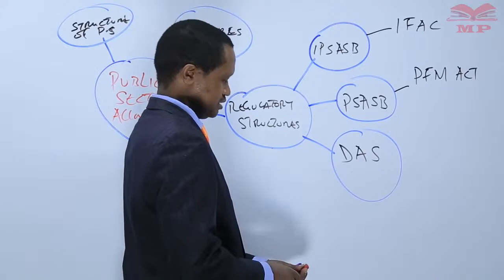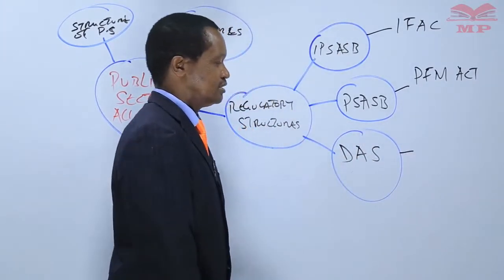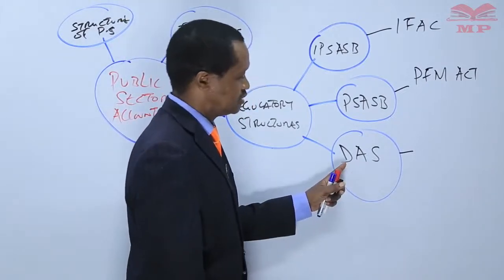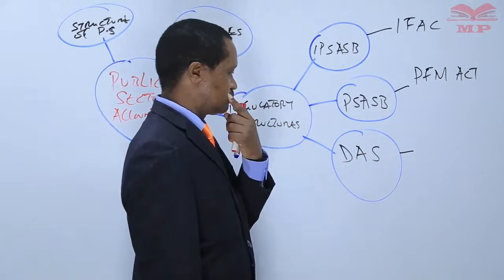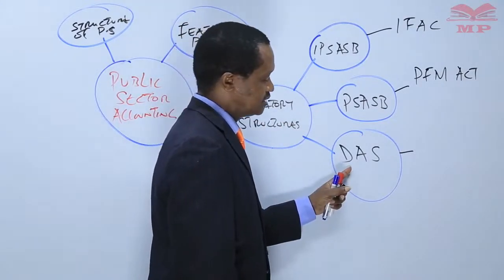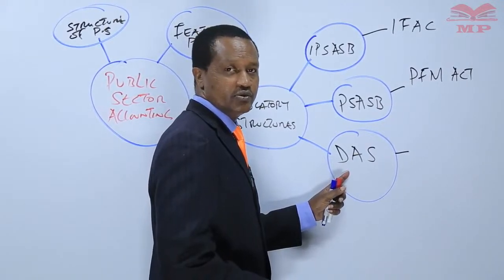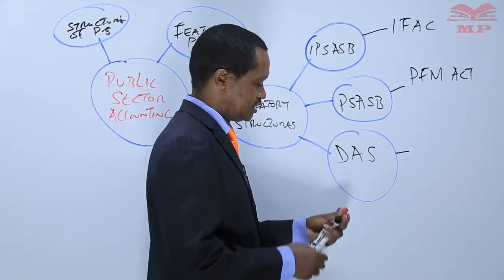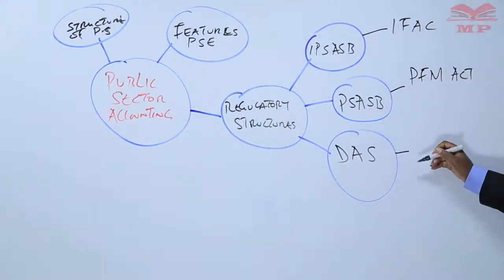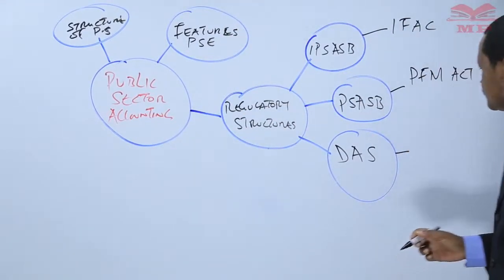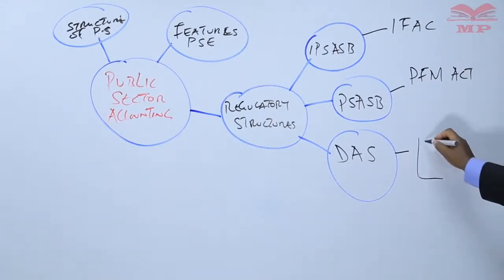Then we discussed in our last lesson the Directorate of Accounting Services. We said that this directorate is headed by a Director General, and it is organized into four directorates.